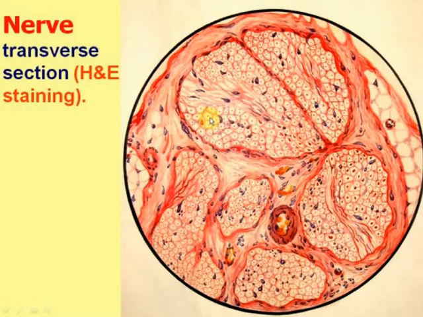And the point inside is the axial cylinder, process of neuron, axon or dendrite, and around it endoneurium, and a bundle of nerve fibers surrounded by perineurium, and the whole nerve covered by epineurium, dense connective tissue.